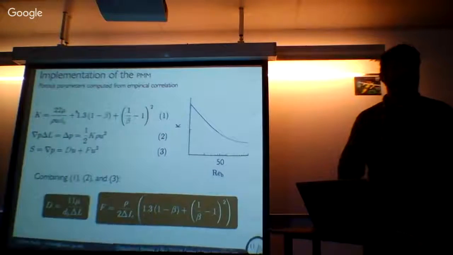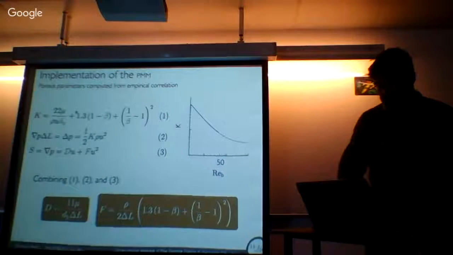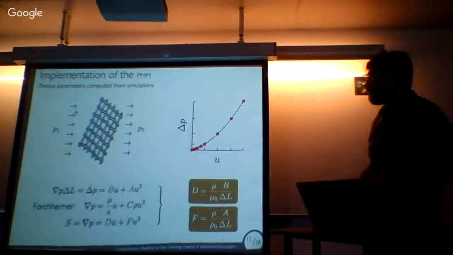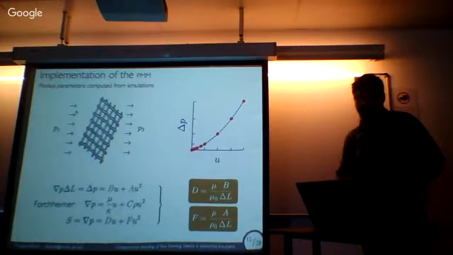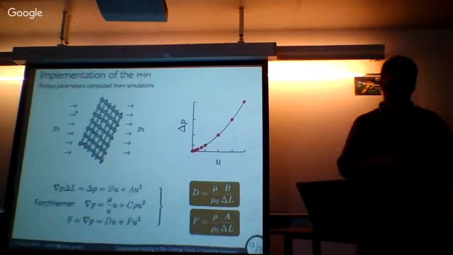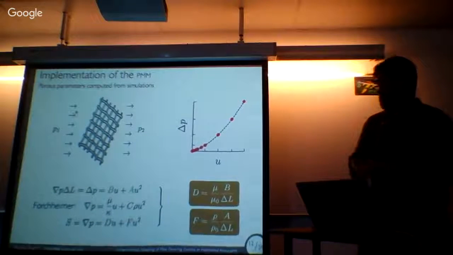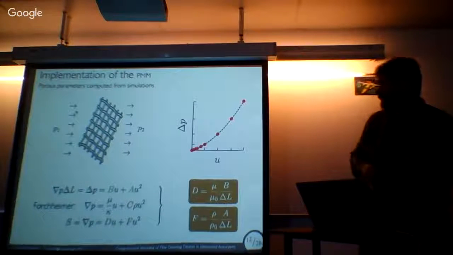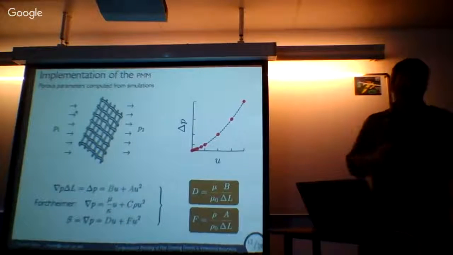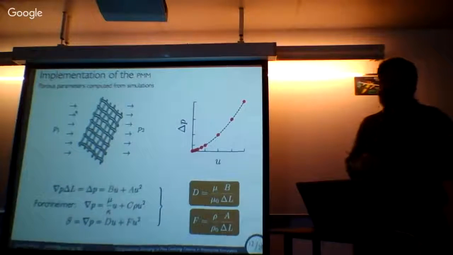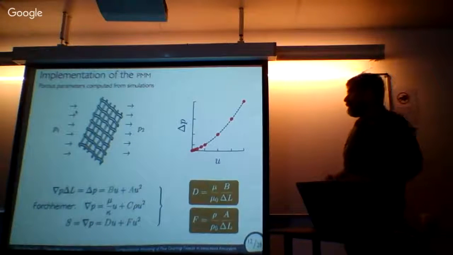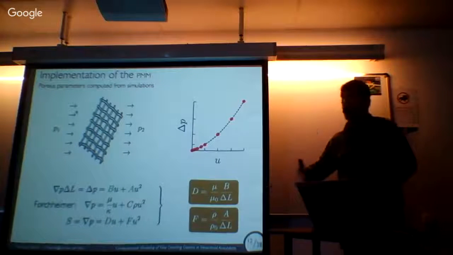The second way probably requires more work, but it's more general in case we don't have the analytic expression or our mesh is too complicated. We can find these coefficients by doing a simulation.